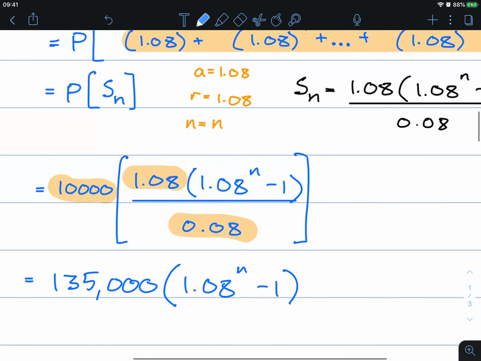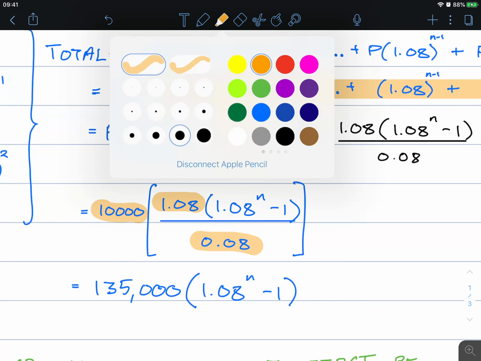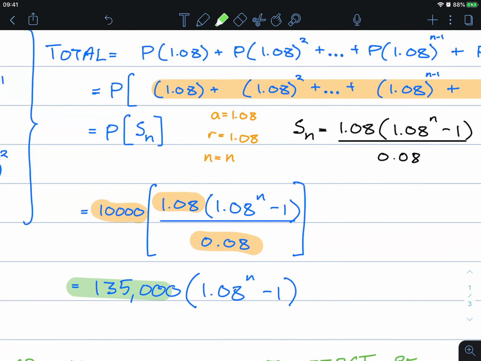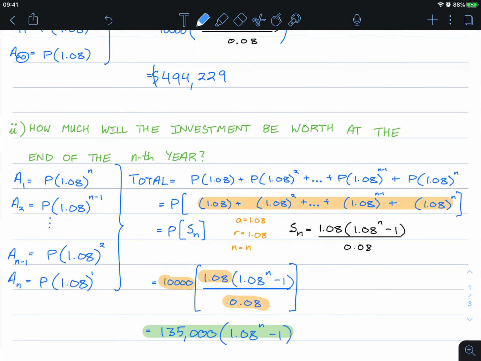So this expression here gives us the value of the annuities. Let's do this in green. This here answers our question of how much will the investment be worth at the end of the nth year.